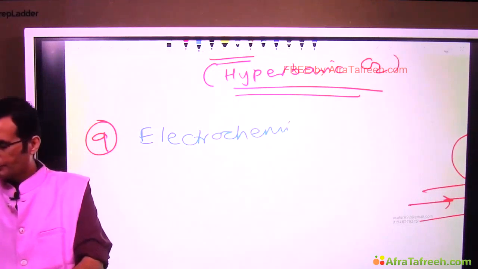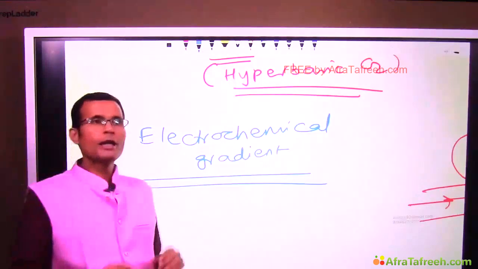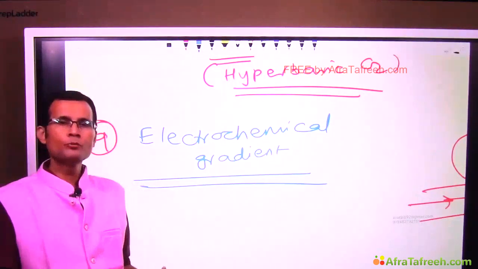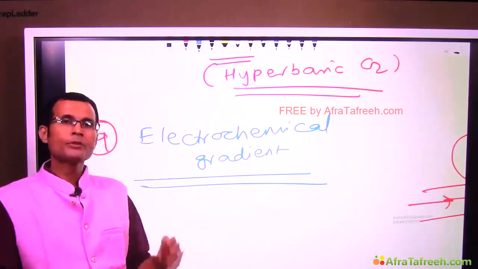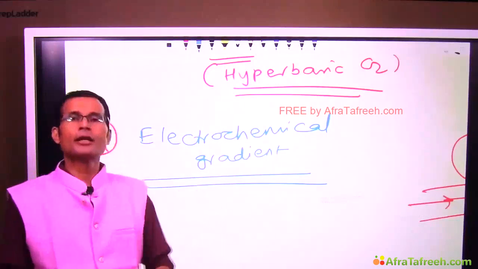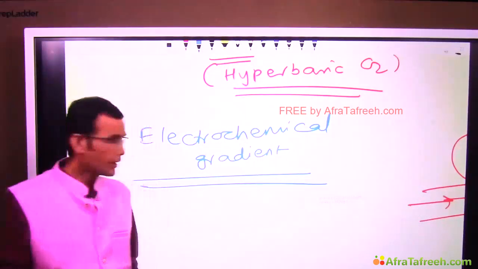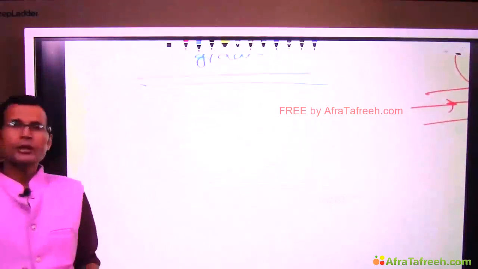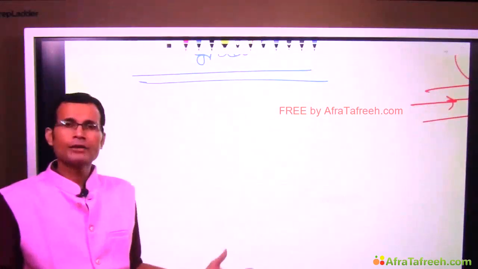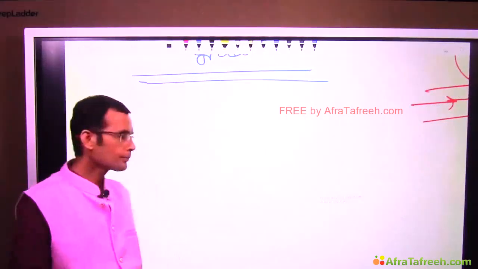electrochemical gradient or electrical gradient. Look, the ions not only move because of the concentration gradient, they also move because of the electrical gradient or electrochemical gradient. Remember this, it's a very important factor in the diffusion of substances through the epithelial cells.